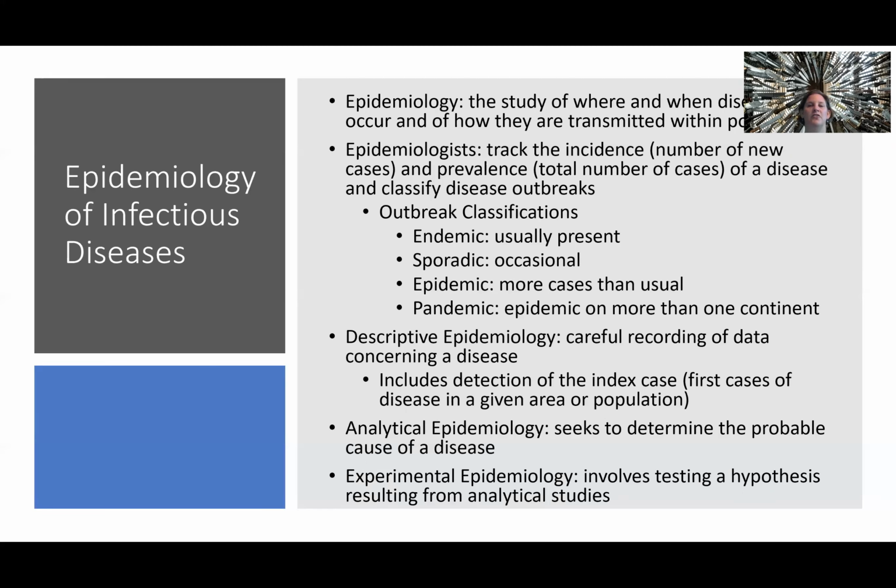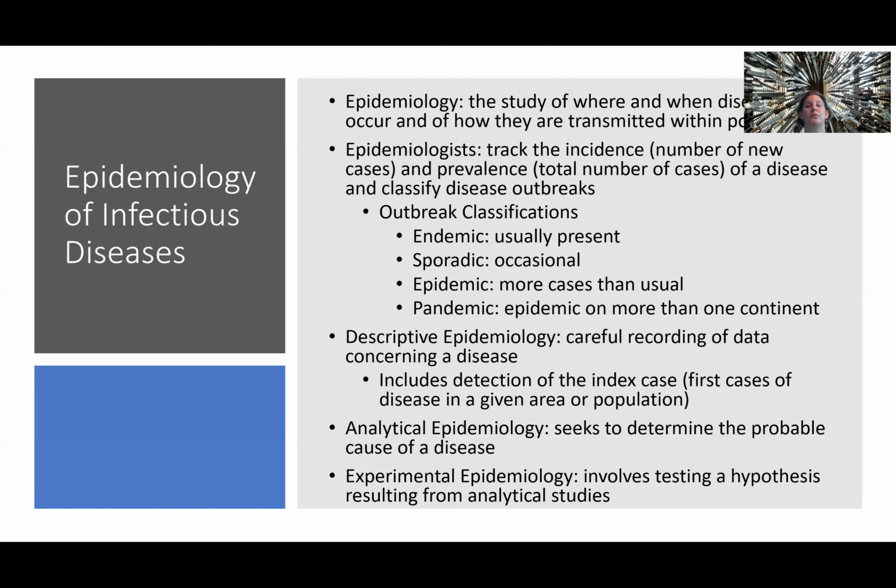And epidemiologists are tracking the number of new cases. They're tracking the number of total cases. And from that data, that indicates what type of outbreak we're experiencing. So when you hear someone say that this is endemic, we would say that this disease is usually present, maybe not in high numbers.